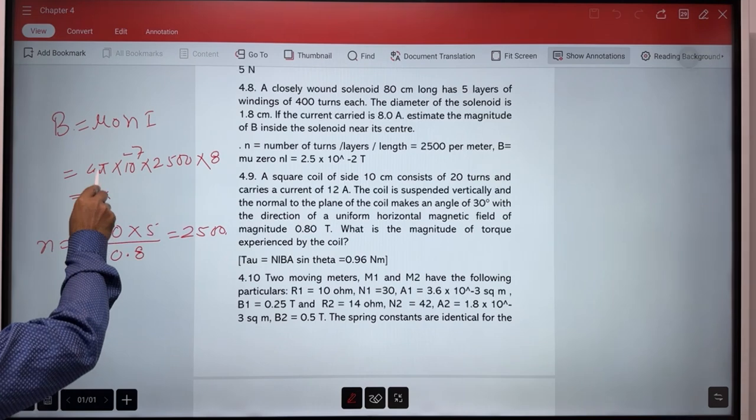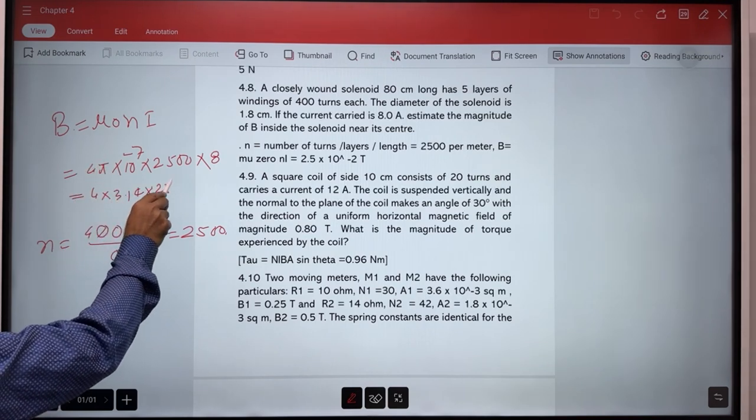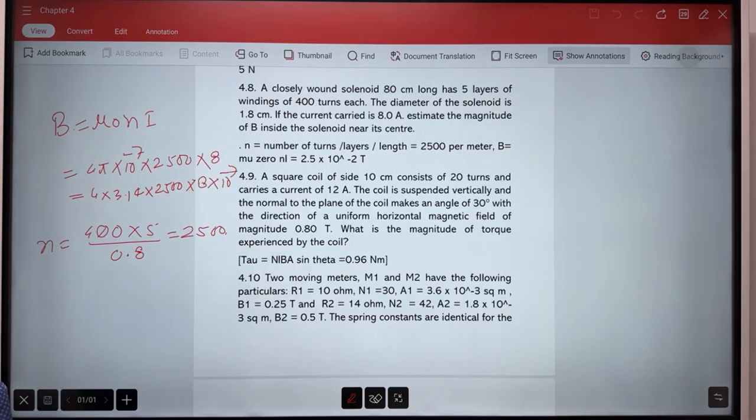So 4 into 3.14 into 2500 into 8 into 10 to the power minus 7, and we can evaluate it. So it will be around 2.5 into 10 power minus 2 Tesla. We can do it.